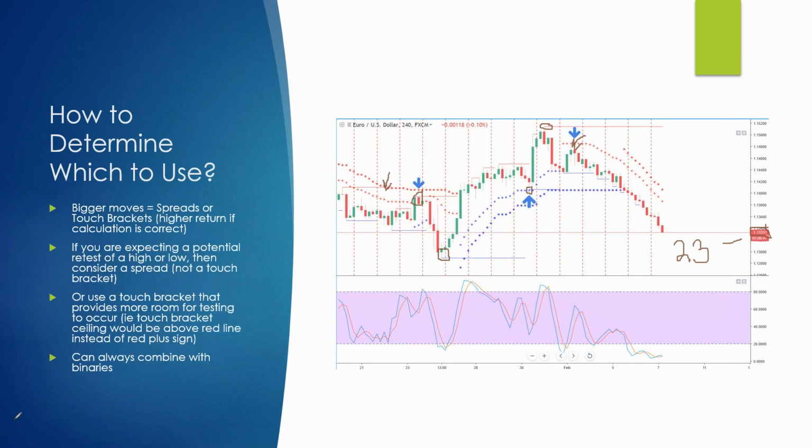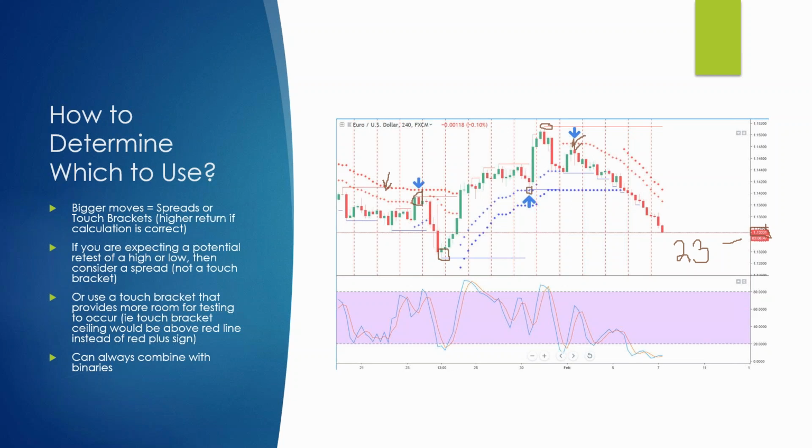Now you can also always combine these with binaries as well. You could feasibly combine all three of them. I did a couple yesterday on the euro, and I had a 2-hour binary, a daily binary, and a touch bracket all going at the same time because I was expecting a move off of the euro.